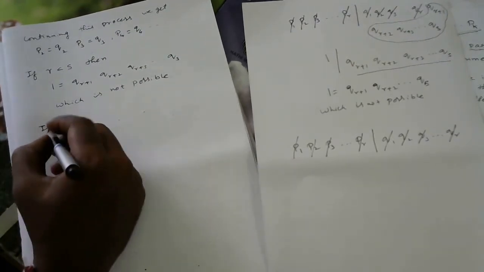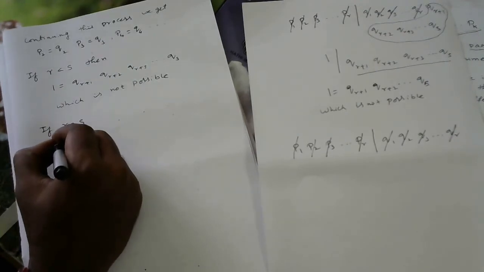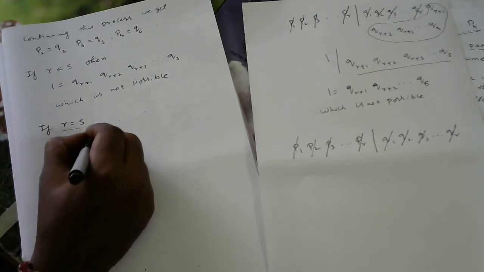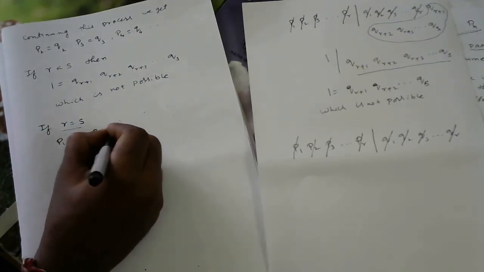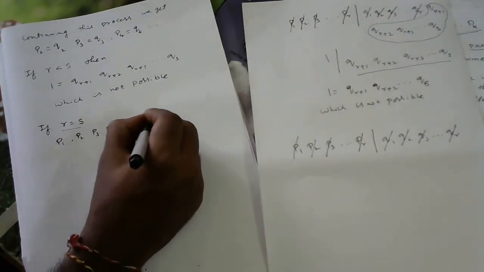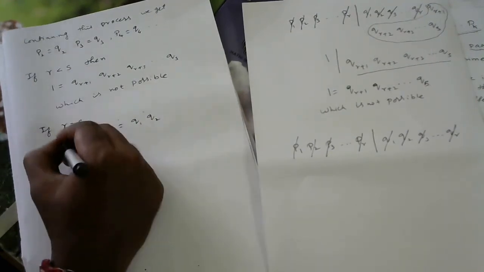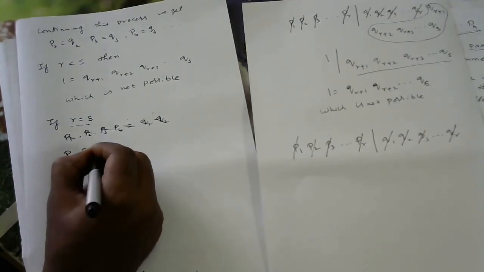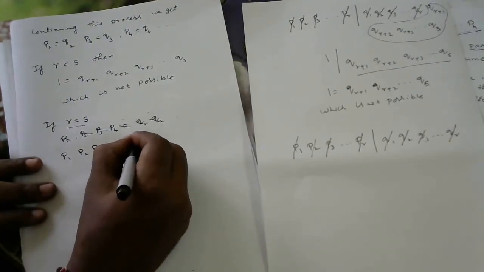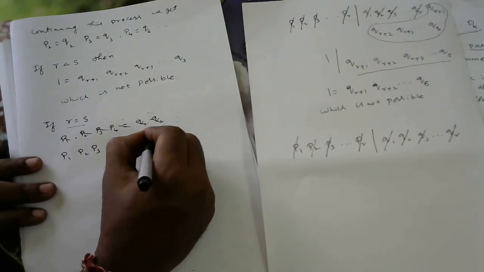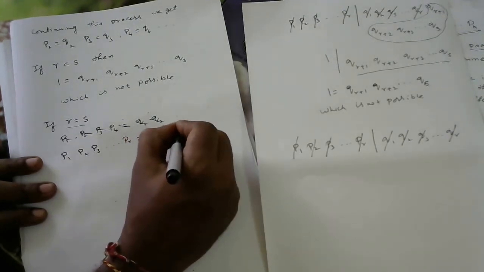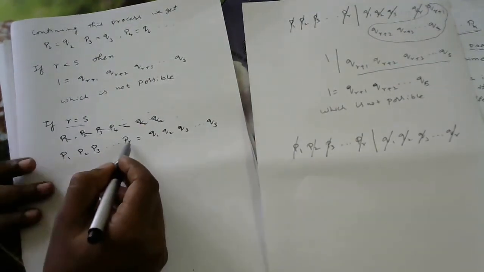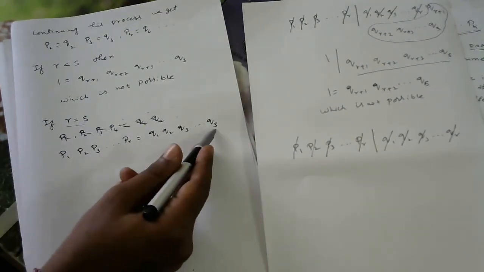So what do you get here now? P1, P2, P3, so on, P suffix R equals Q1, Q2, Q3, so on, Q suffix S. So R equals S means both are equal.